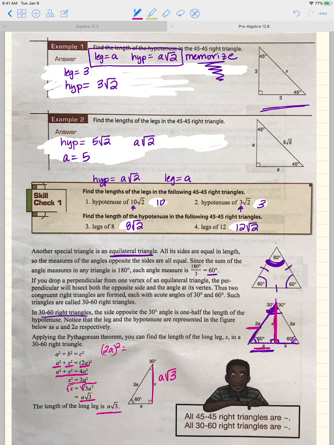Okay, so in a 45-45 right triangle or an isosceles right triangle or 45-45-90 triangle, we know that the leg is a and the hypotenuse is a times the square root of 2. Now we have another rule for a special kind of triangle, and that triangle is a 30-60 right triangle.